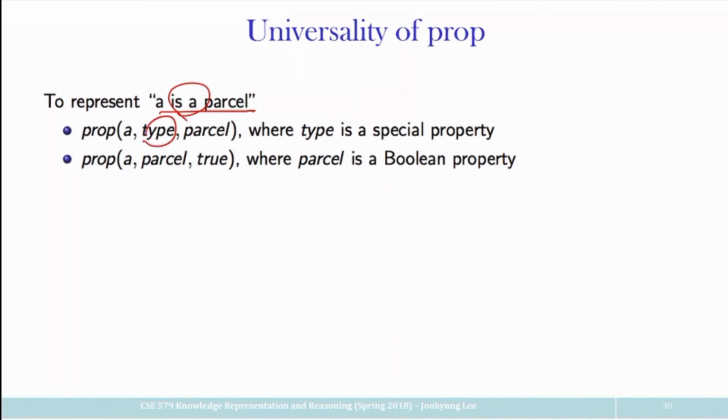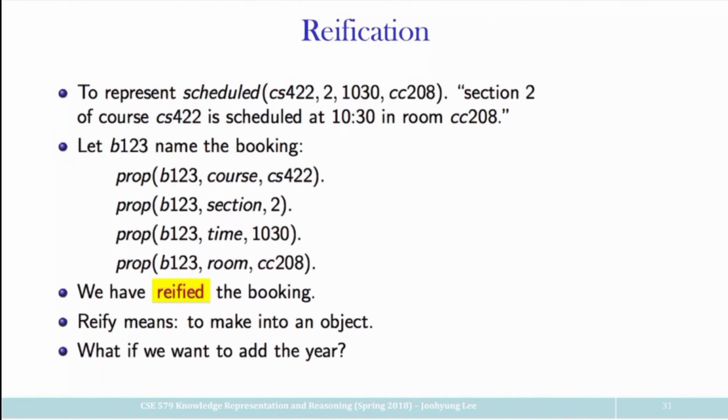Okay, this is not a user-defined term. So type is the reserved property name. So A is a type of parcel to say that A is a parcel. Or you can also write this way: A parcel true, where this parcel has a Boolean property. Okay. So that's actually quite universal.